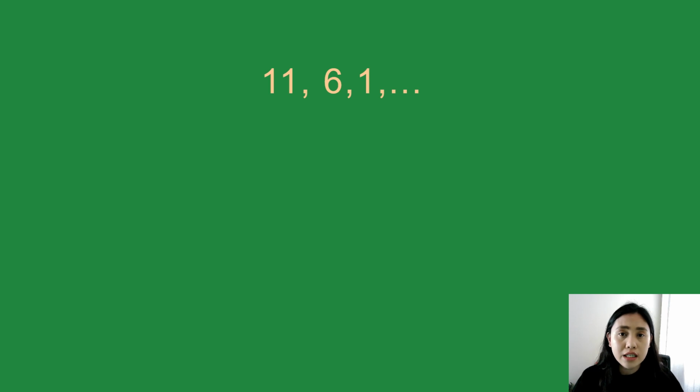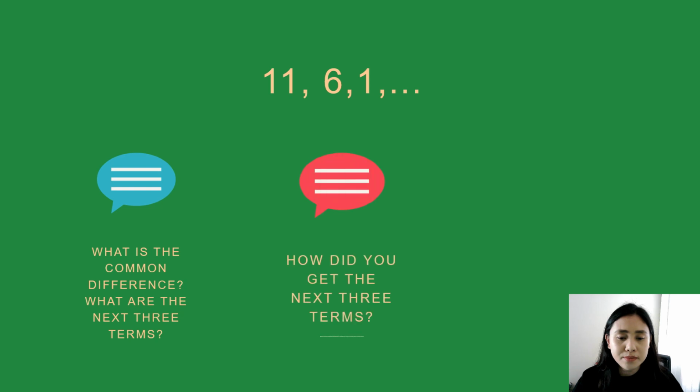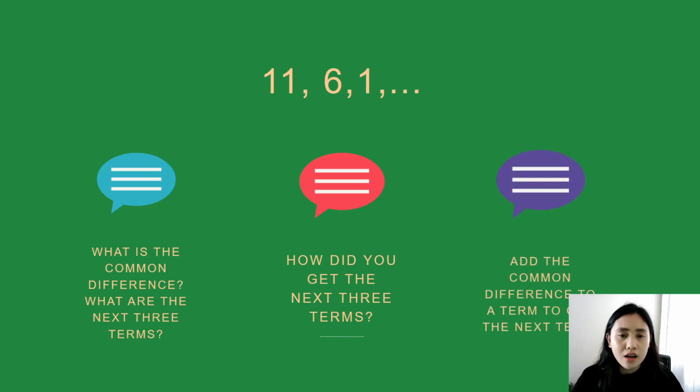11, 6, 1. What is the common difference? What are the next three terms? How did you get the next three terms? Okay, to get the next three terms, we always add the common difference to a term to get the next term.